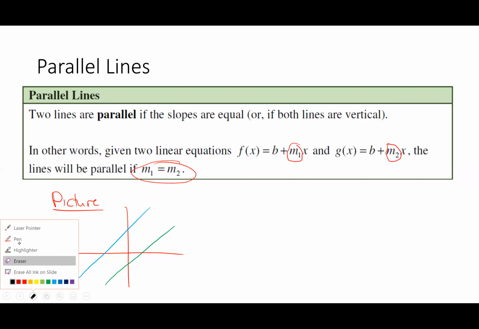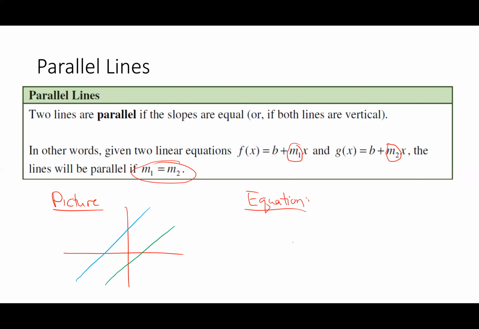So when I think about this by virtue of an equation, let's suppose I've got two lines, and we'll say m1 plus 7. Why not? We'll make this one have a y-intercept of 7. And then we'll say this one has a y-intercept of negative 11.